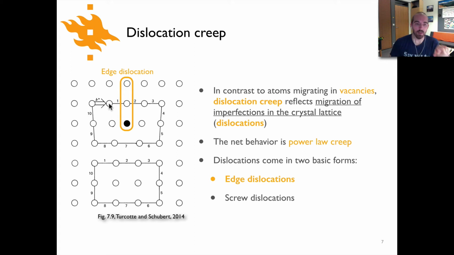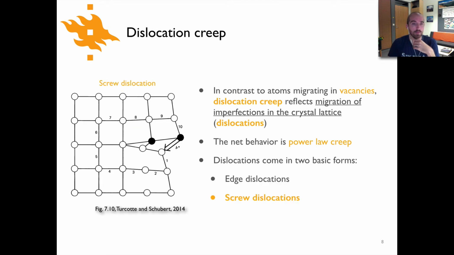In other words, the circuit that we've gone around is not the same length as it was before, and that's because basically we have an additional plane of atoms that are stuck or kind of wedged into this crystal lattice. And so that was the example of an edge dislocation. You could think about that as a plane of atoms that just kind of forced its way or is stuck in the crystal lattice and resulting in strain within the crystal.